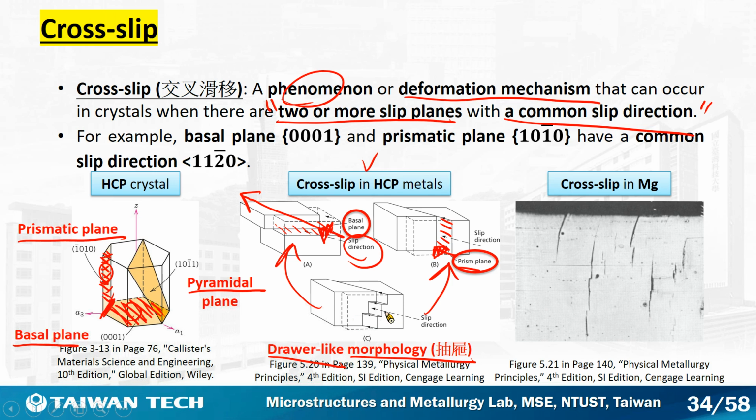We will just observe the dislocation line, and here you will observe this morphology. This is the cross slip phenomenon in magnesium. So if you see the dislocation lines not like this one, but like this one, it means that cross slip occurred in this material.